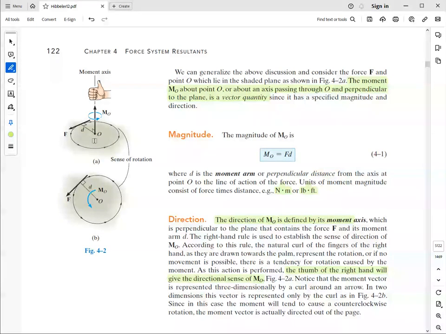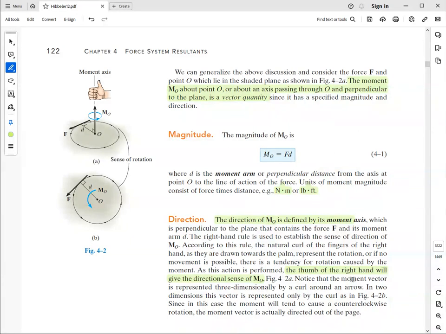So observe this figure as a top view. The force can act anywhere along its line of action. This is the distance from the axis of rotation, from the point. And the magnitude of the moment is going to be this product F times d. Units are Newton meters, pound foot, and of course could be others.